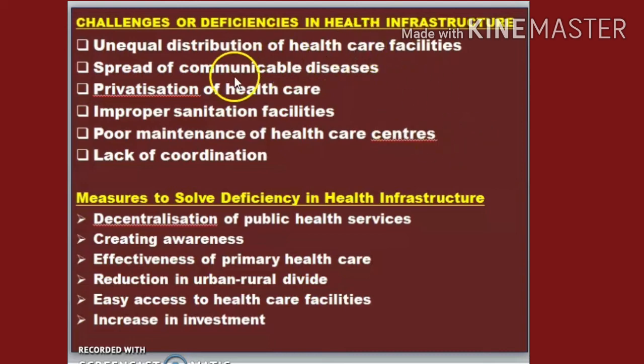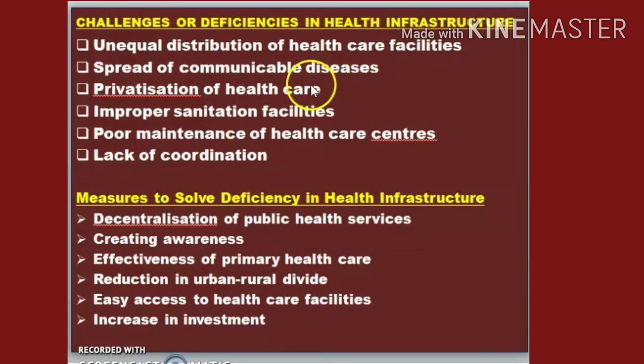Second is spread of communicable diseases. There is an urgent requirement to identify, prevent, and make people aware of social communicable diseases which are posing a serious threat to the society. These diseases are AIDS, HIV, and SARS.